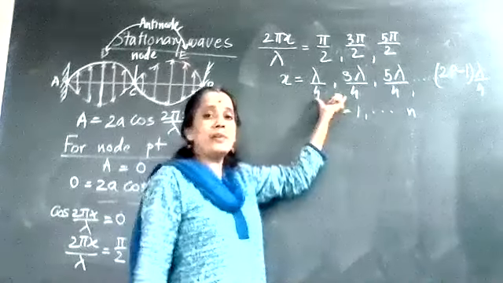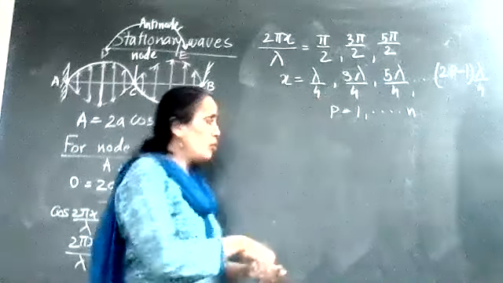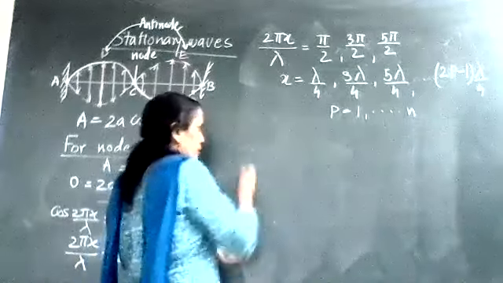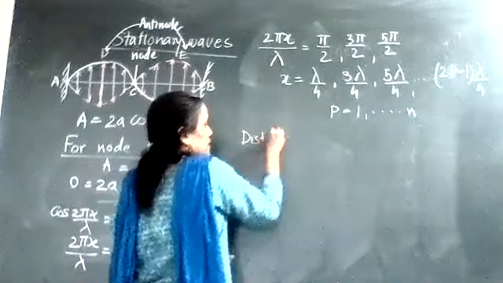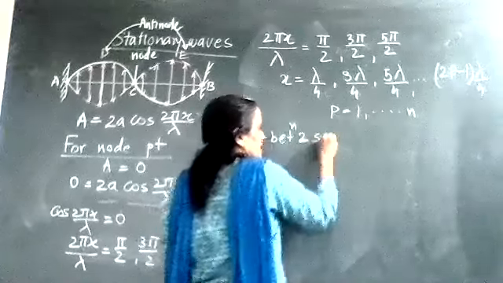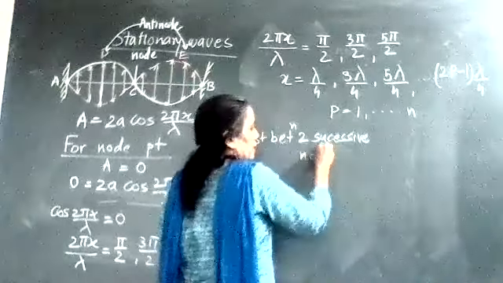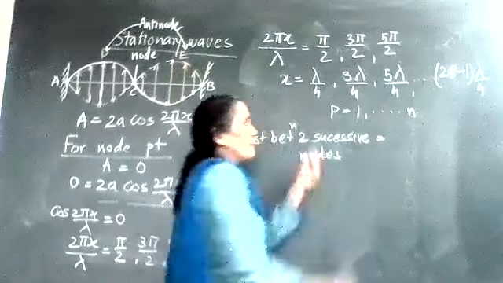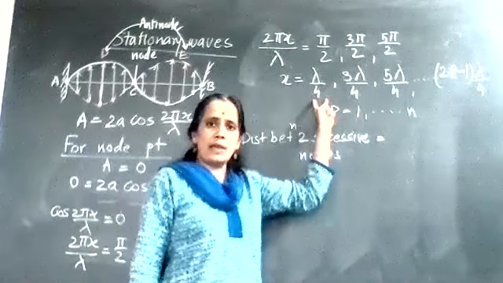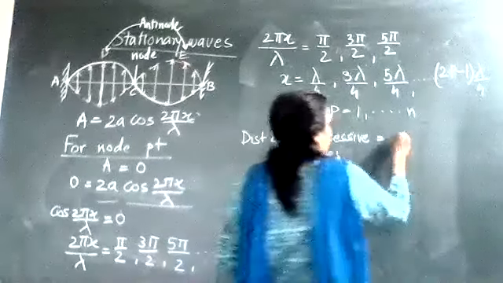So now the distance between two consecutive nodes. The distance between two successive, or consecutive, nodes can be written as: the first node I am getting at lambda by 4, the second node I am getting at 3 lambda by 4. Means what do I write down here?